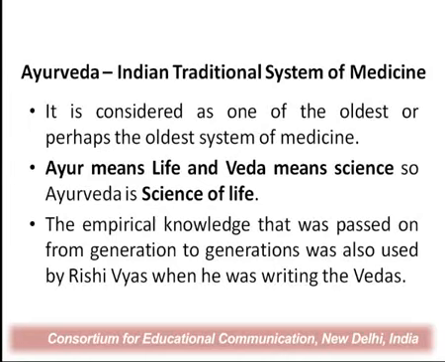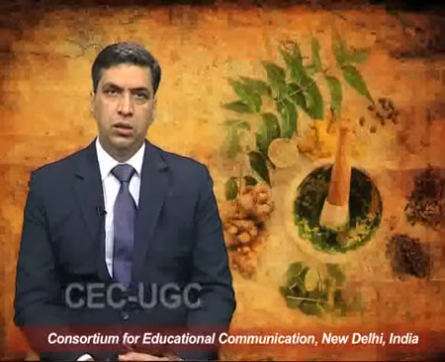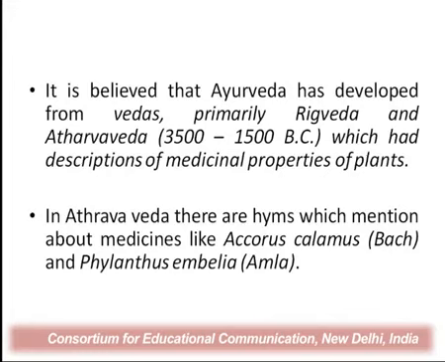The empirical knowledge that was passed on from generation to generation was also used by various rishis in our cultural, ethnic or mythological history, and these rishis used that knowledge in writing the Vedas. It is believed that Ayurveda developed from the Vedas, primarily the Rig Veda and Atharva Veda, which are expected to have been written around 3500 to 1500 BC.